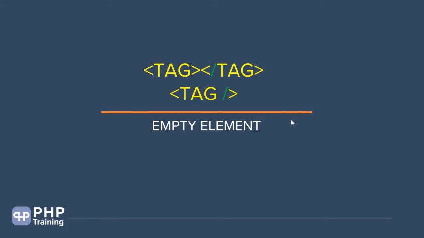Okay, let's look at what is an empty tag. When you don't have data between a starting and a closing tag, then you call it an empty tag. An empty tag is also called a self-closing tag. You also have tags where you don't have to mention content. If you see this example, less than tag, slash and greater than, and here you have a starting tag and an ending tag, but you don't have data inside it.